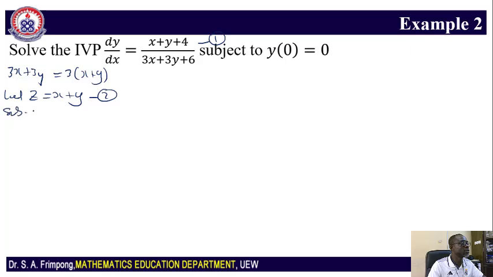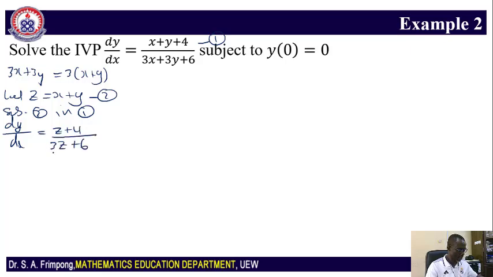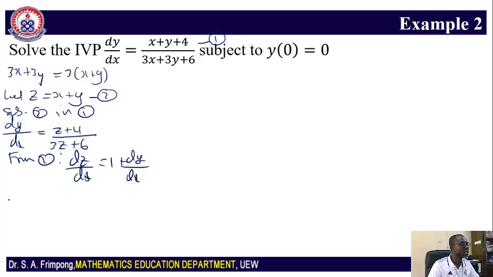If you substitute 2 in 1, you're going to get dy/dx equal to z plus 4 over 3z plus 6. And then from 2, dz/dx is actually equal to 1 plus dy/dx. So if you make dy/dx the subject, you're going to get dz/dx minus 1.